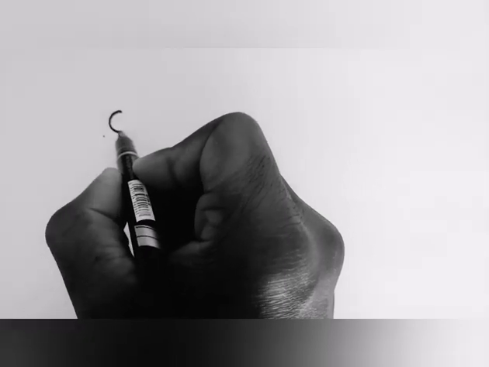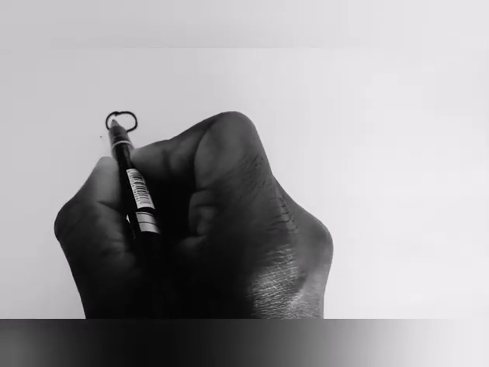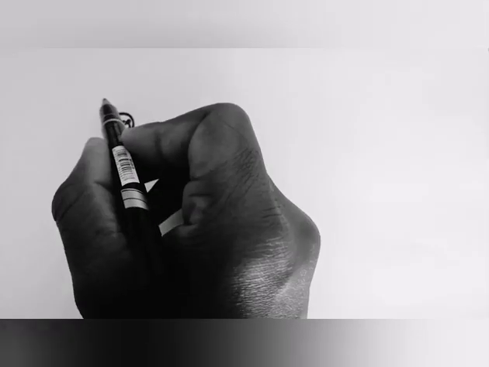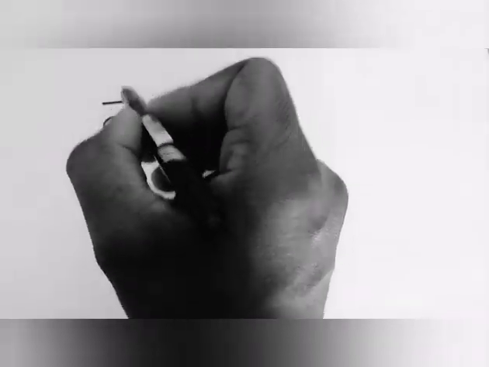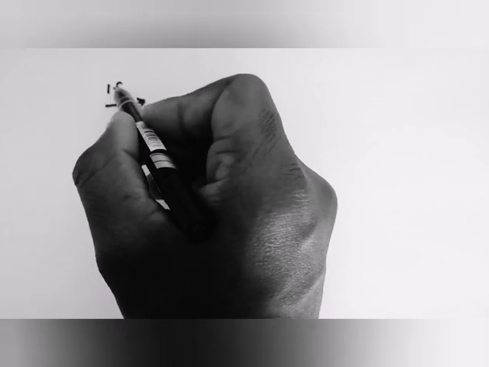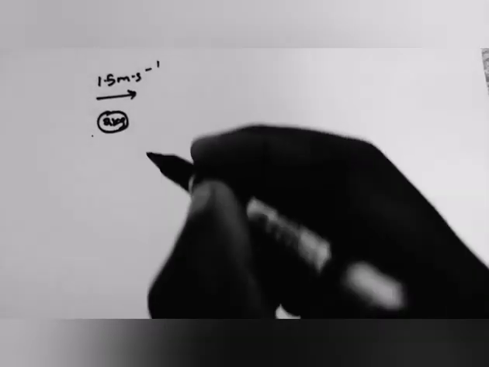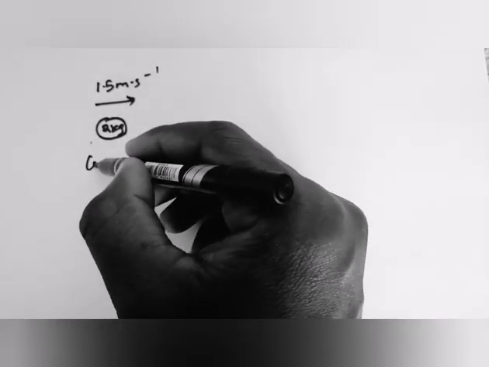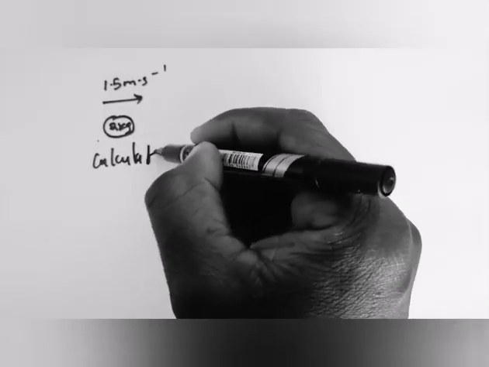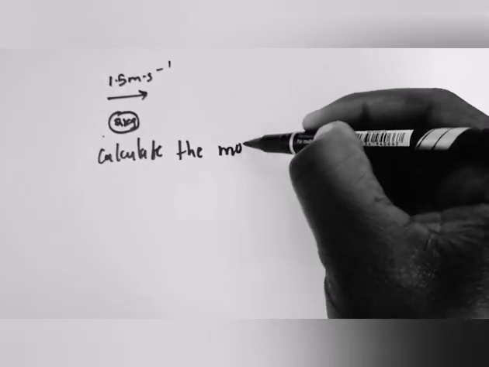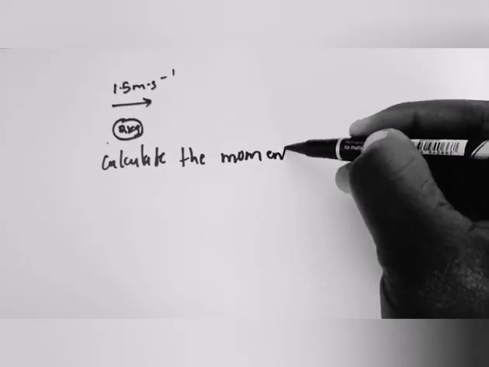Suppose you are given a ball of mass 2 kg, and the direction of the ball is to the right by 1.5 meters per second, its velocity. Now they say calculate the momentum of the object.